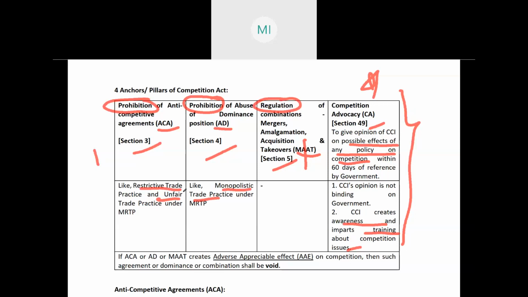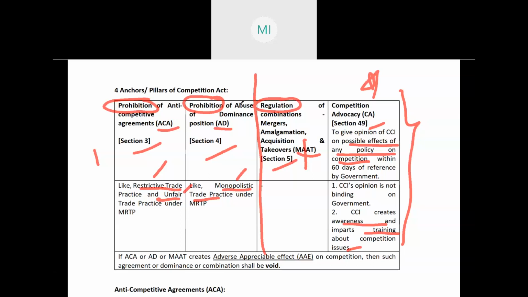Remember, there is no concept of regulation of combinations under MRTP. It had only monopolistic trade practice, restrictive trade practice, and unfair trade practice. Now this is how it is realigned. Restrictive trade practice and unfair trade practice are brought under anti-competitive agreements, whereas monopolistic trade practice is brought under abuse of dominance.